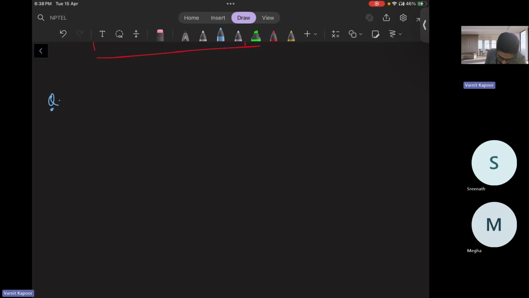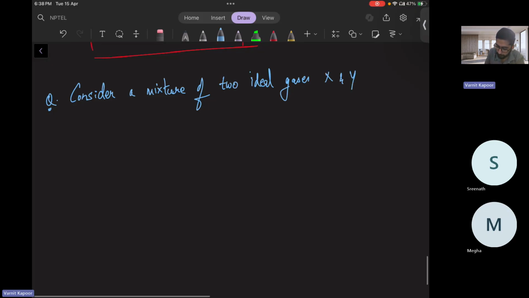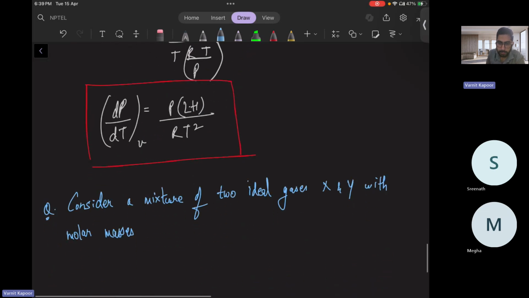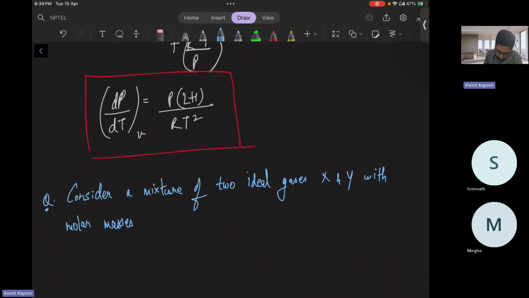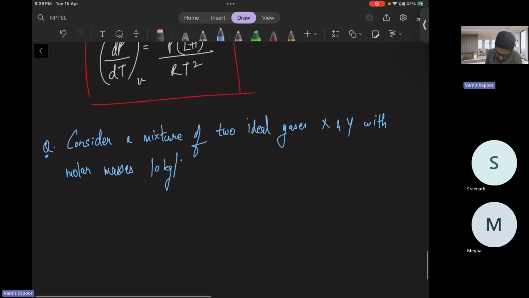Consider a mixture of two ideal gases, X and Y, with molar masses 10 kg and 20 kg per kilomole respectively in a container.